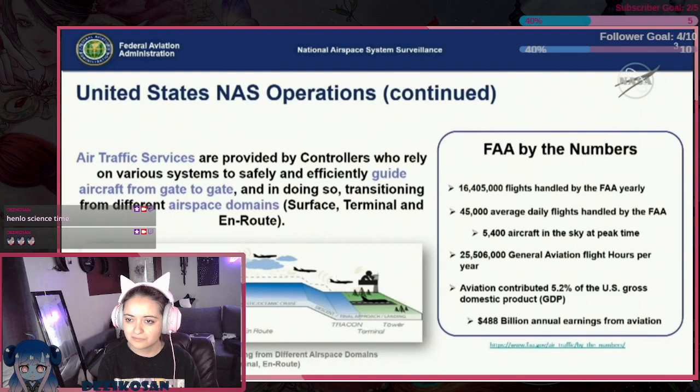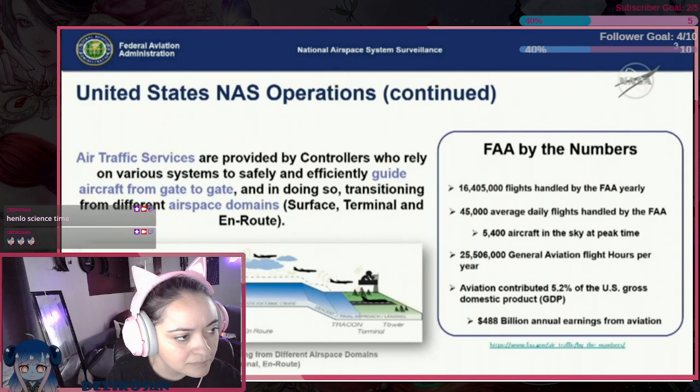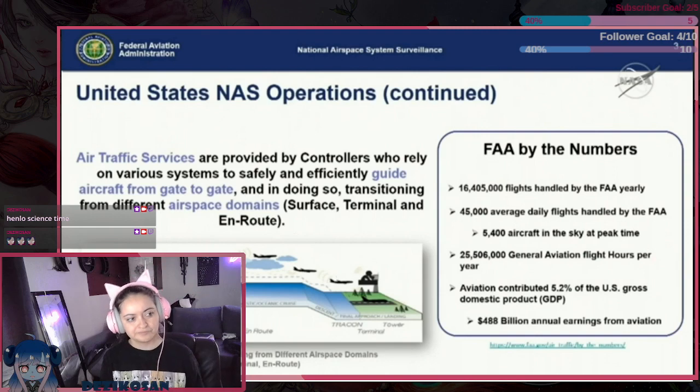But the architecture and design of the NAS is geared around safe and efficient control of manned aircraft. Certainly the commercial flights are a primary focus of the agency. We certainly support general aviation flights as well. But again, our mission is around manned aircraft and safe and efficient operation of those.